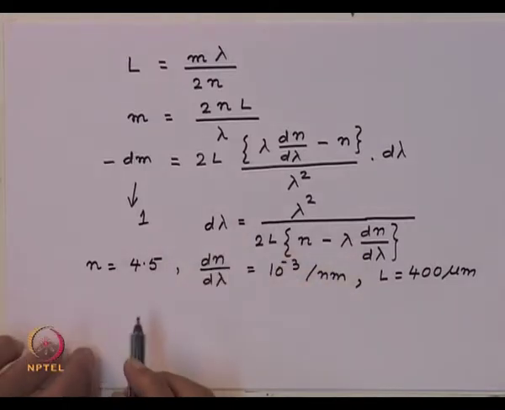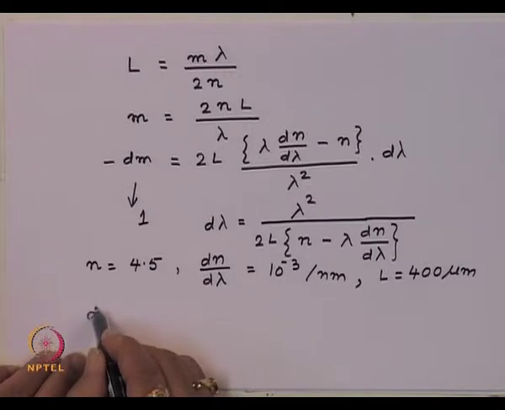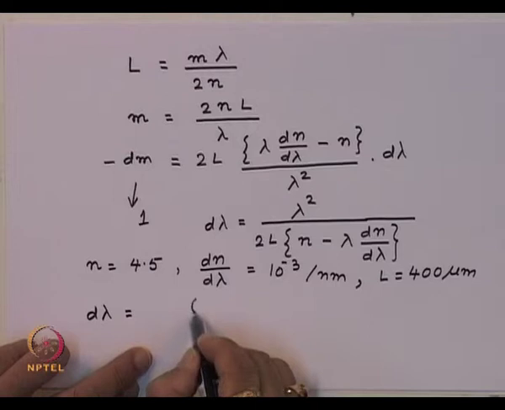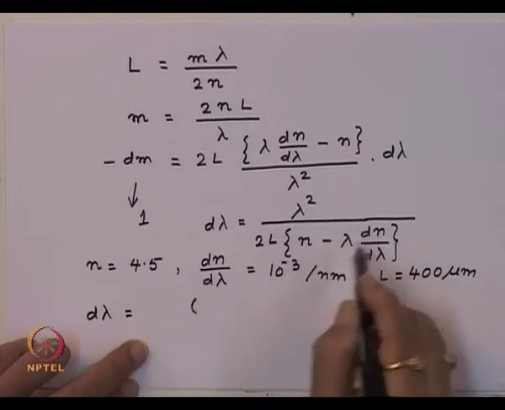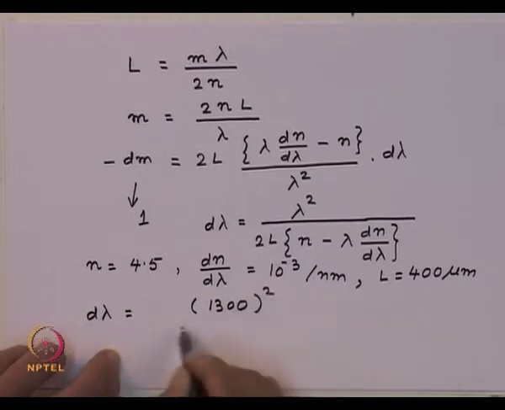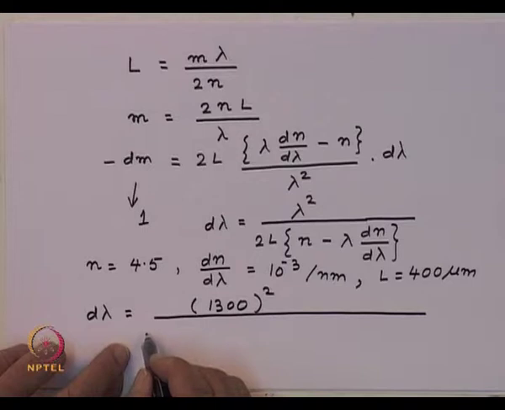So, we can find out the corresponding quantity, which is delta lambda, the separation between the two adjacent modes. If you substitute into this, you get d lambda, that is lambda is 1300 nanometer. So, this is 1300 square divided by 2 into 400 micrometers.